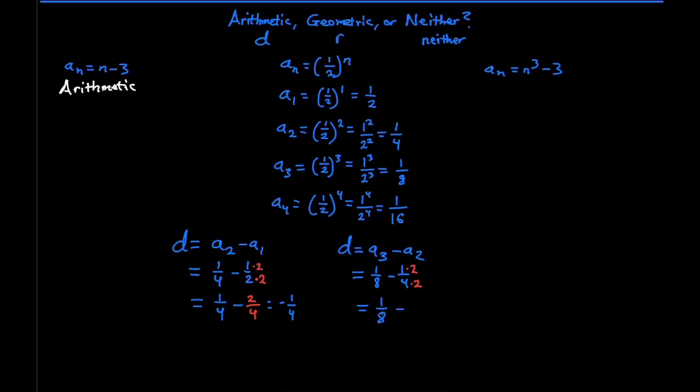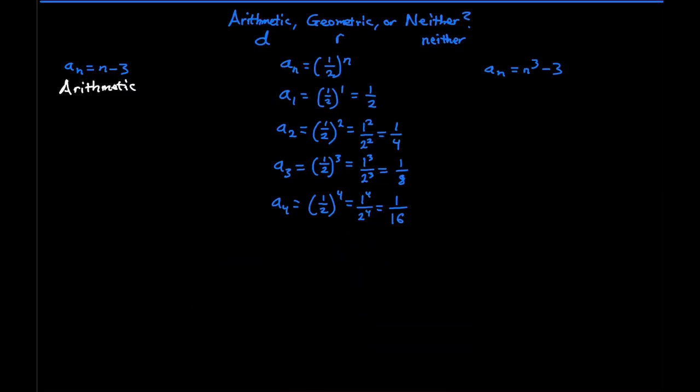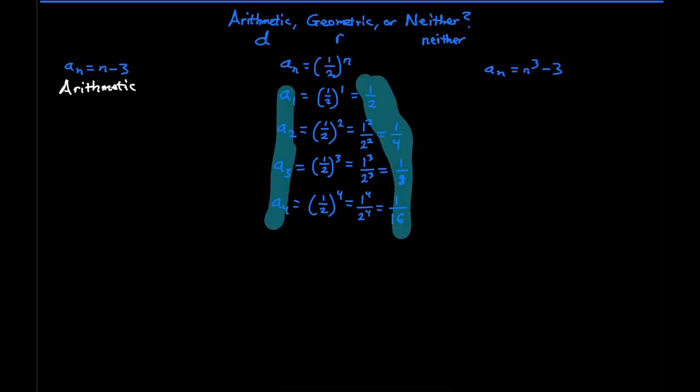Once you get the common denominators, you got 2/8. So this will be -1/8. Since these aren't exactly the same, it's not the case where there's a common difference. So it's definitely not arithmetic. We don't have to redo the first part where we found the 4 terms. This will be the same, no matter if you're checking for arithmetic or geometric.